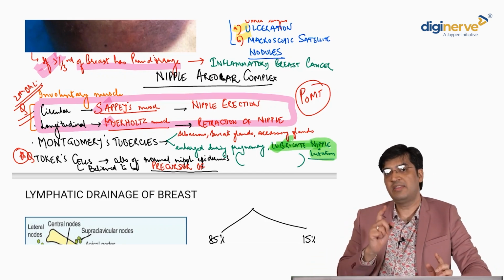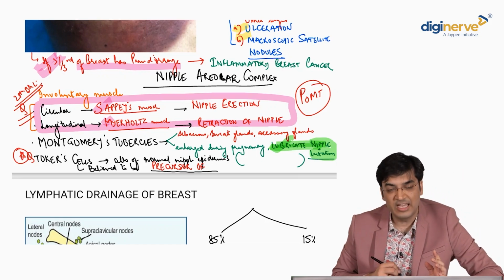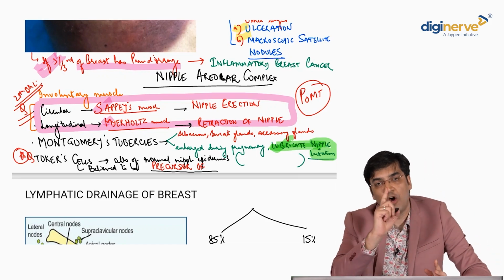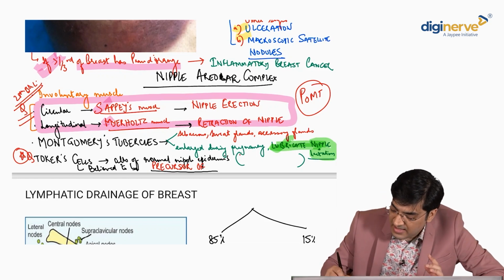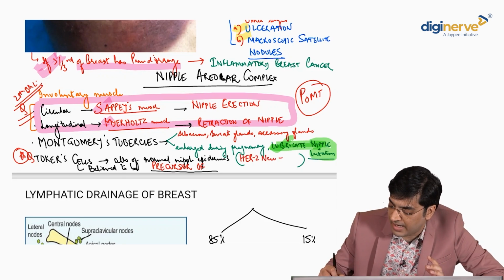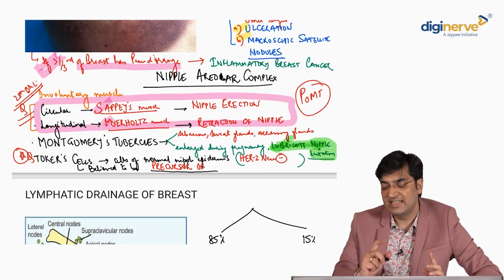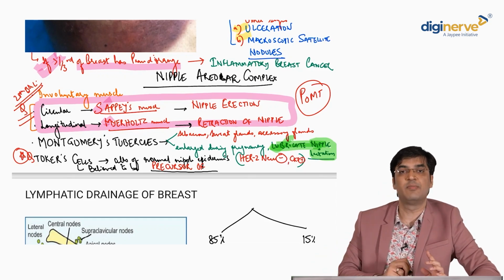Another thing, one last named structure, is Toker's cell, T-O-K-E-R. These are the cells of the normal nipple epidermis, but there is a catch here. They are HER2/neu negative by default because they are normal cells, but it is believed that these cells are also CK7 positive, cytokeratin 7 positive.